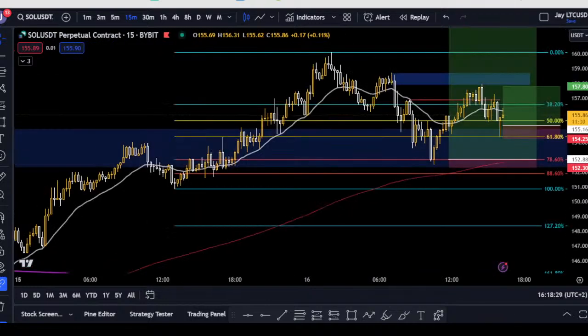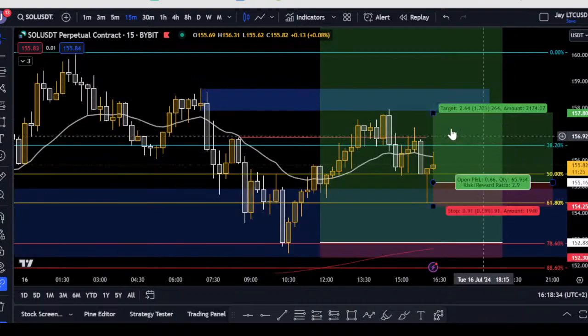Yeah, that's it. Don't want to over leverage as well. So that's okay. I need to take out this top.